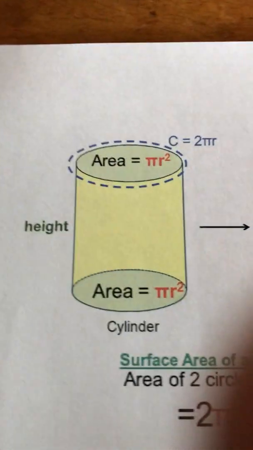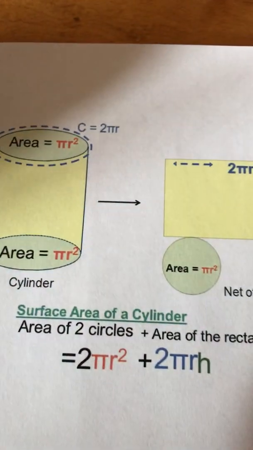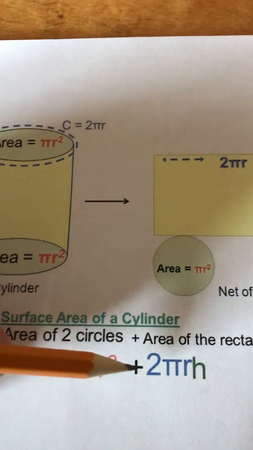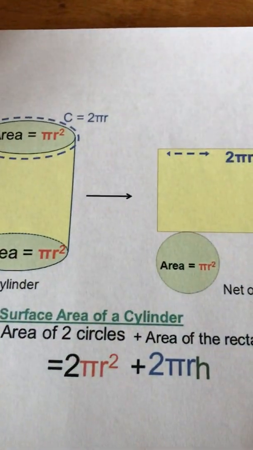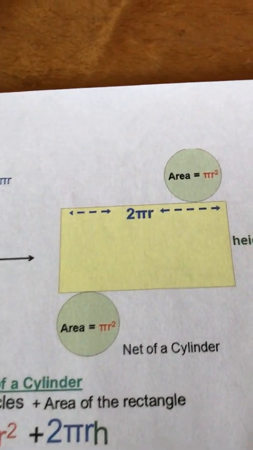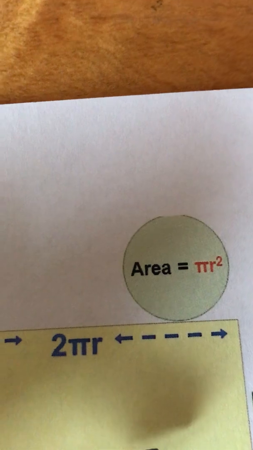But sometimes when you see the formula listed, they show it a little differently. 2 pi r squared plus 2 pi r h. What's that? Well, it is the same thing, because we know that the area of a circle is pi r squared.